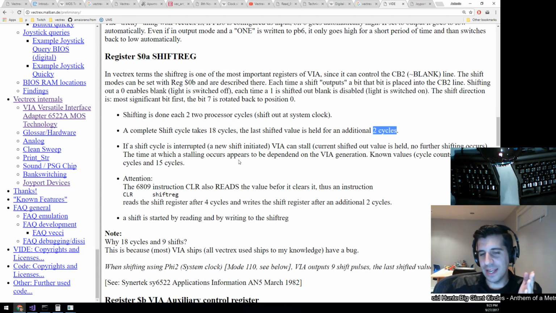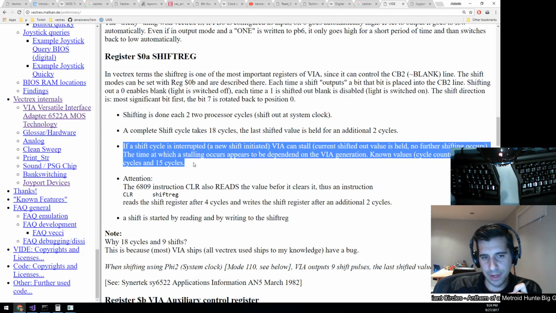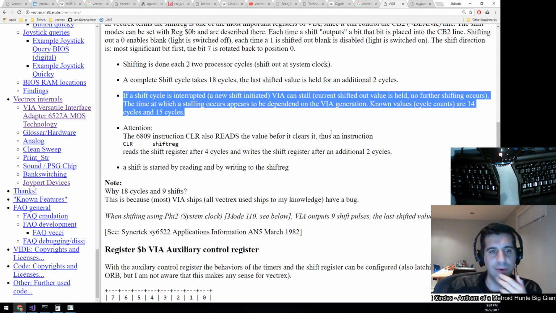So from what I understand, if it's in the middle of a shift cycle and you write again to the shift register, it won't do anything, or the last thing that got written out will remain that way for about 14 or 15 cycles before it resets with the new shift value in there. Now, I don't suspect that we need to worry too much about this because games probably don't do that, right? They probably wait long enough for the cycle to finish, maybe.